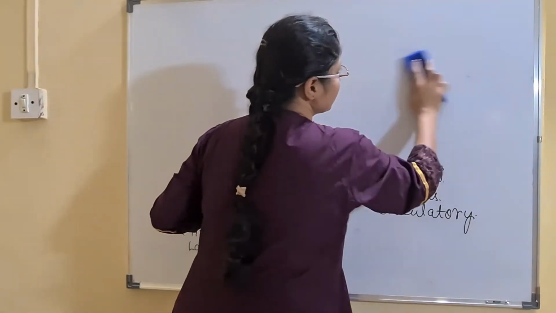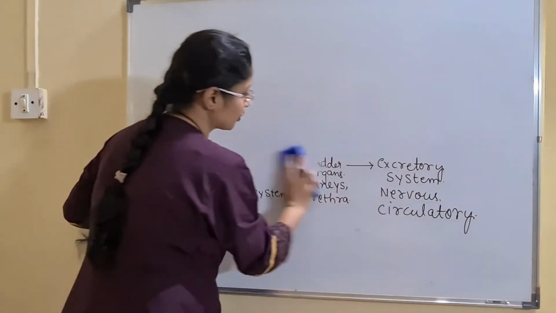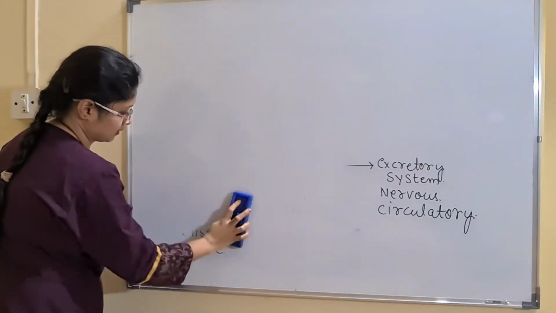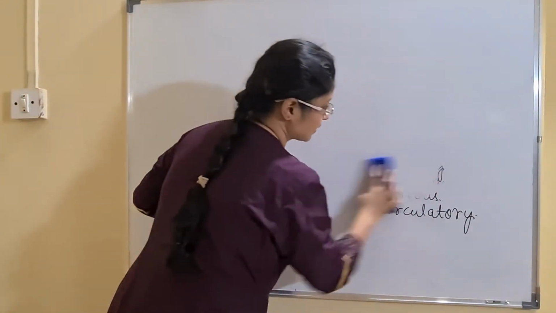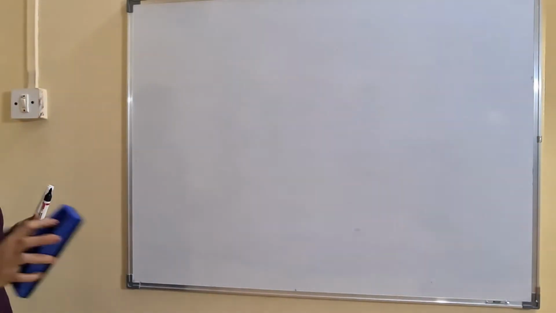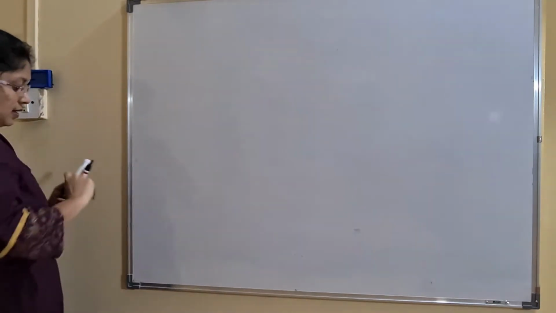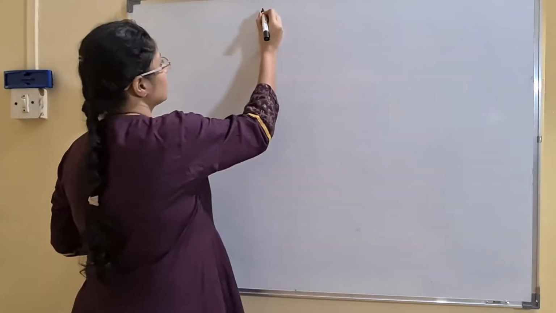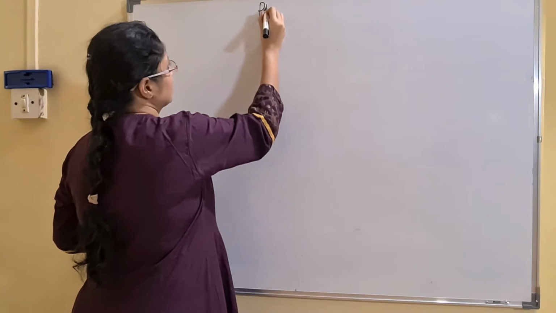So we have discussed the differences of prokaryotic and eukaryotic cells. Next, coming to the detailed structure of a prokaryotic cell. Let's begin with the prokaryotic cell in detail.